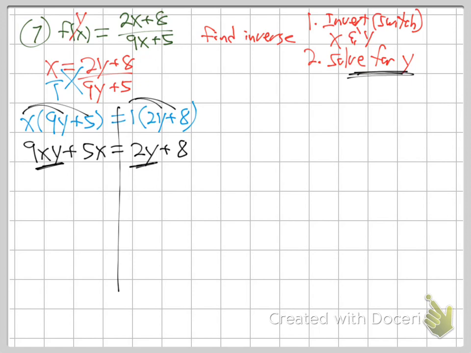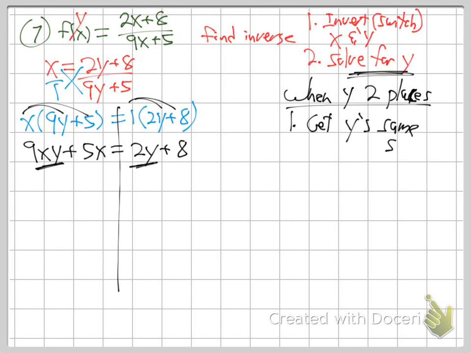Remember we learned when y is in two places, what are you supposed to do? Get the y's on the same side. Step 2, factor out y and divide. Remember that? Got to get the two y terms on the same side.